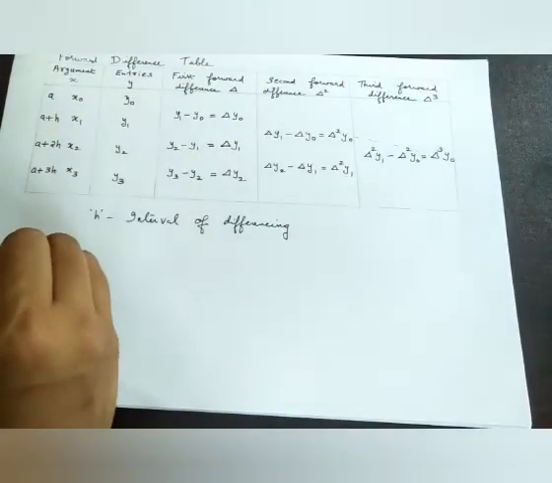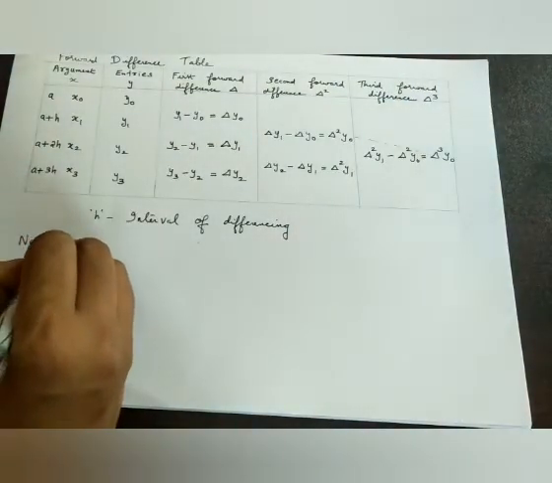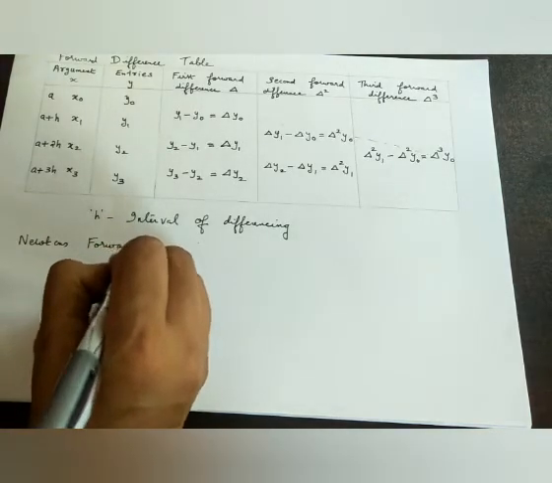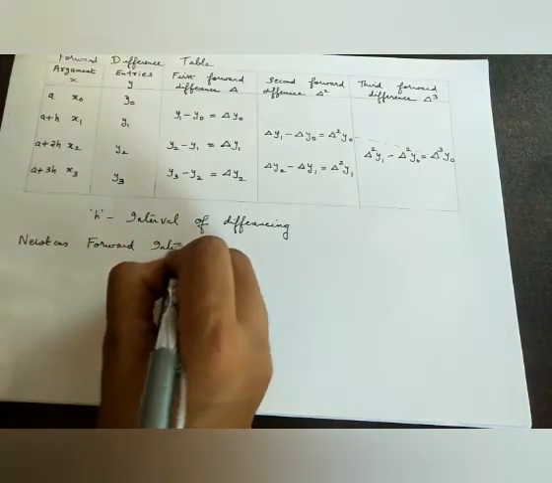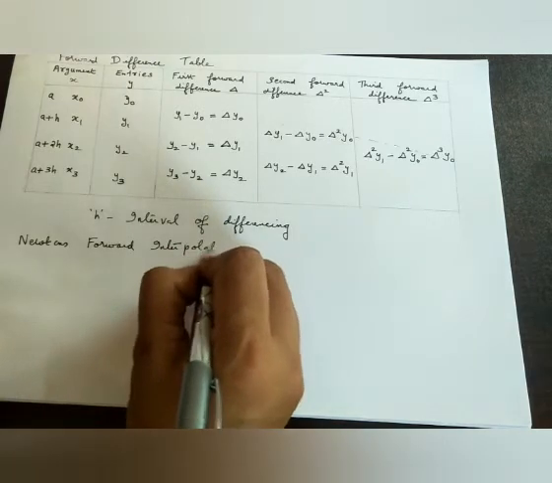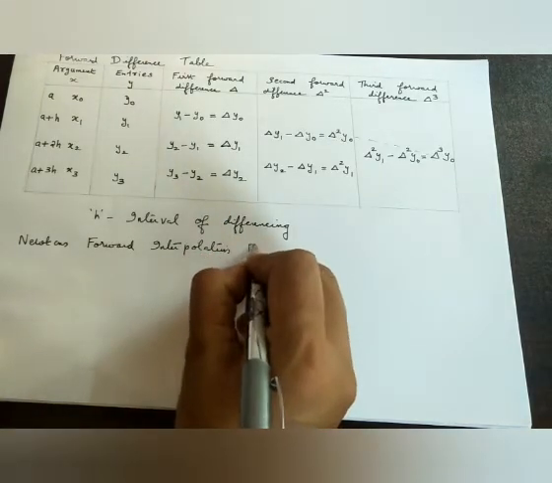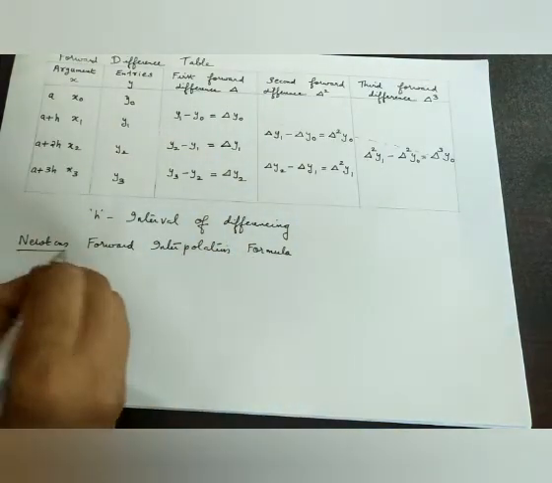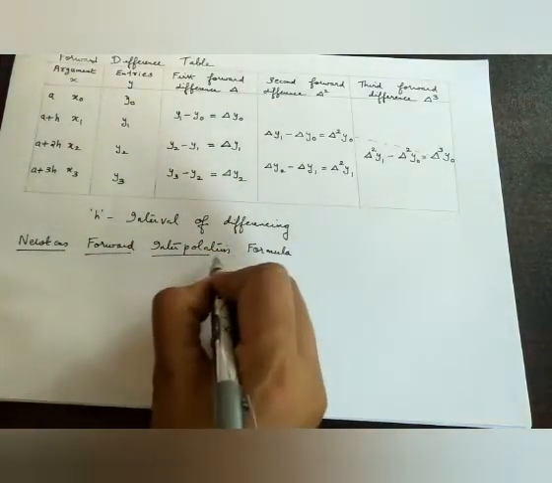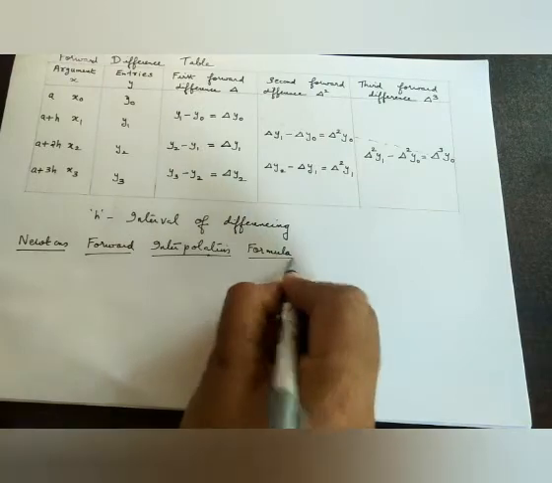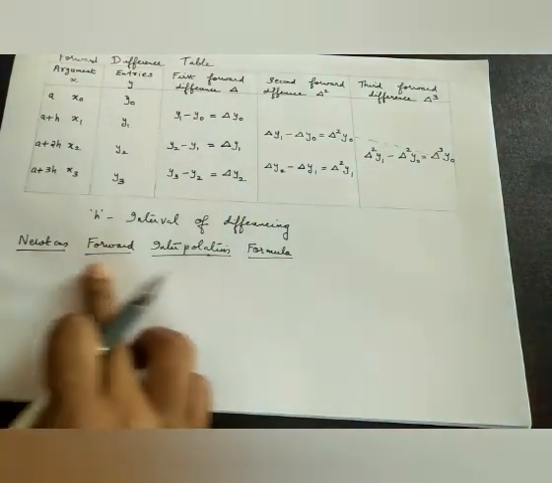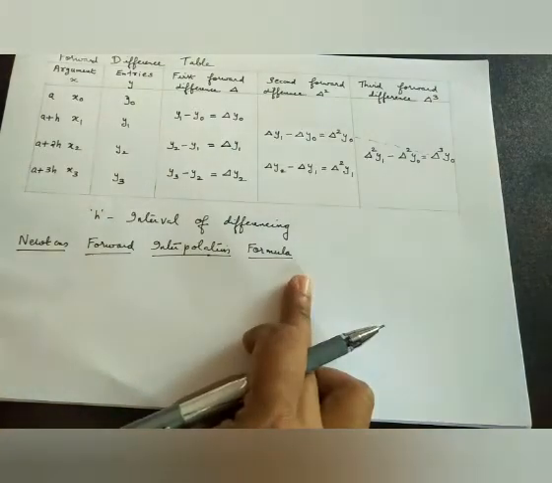Next we have Newton's forward interpolation formula. By using this forward difference table, we can form a formula, that is Newton's forward interpolation formula.